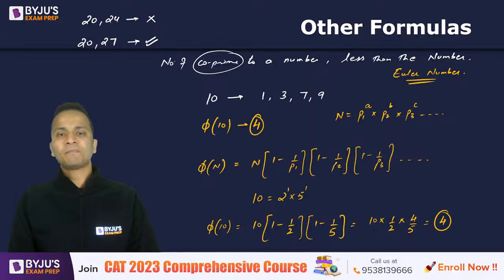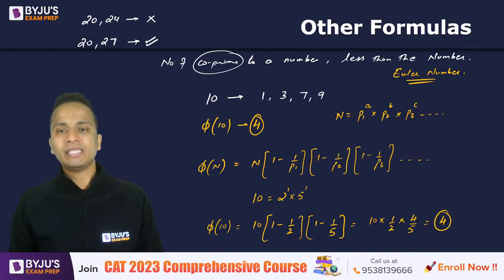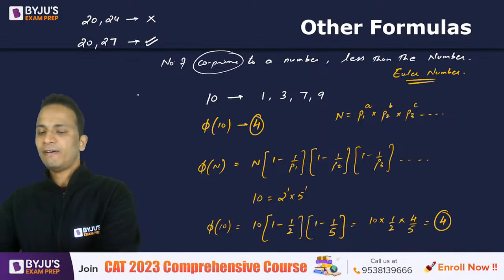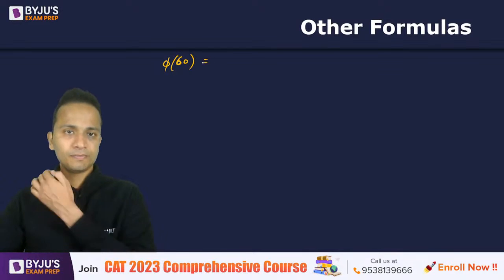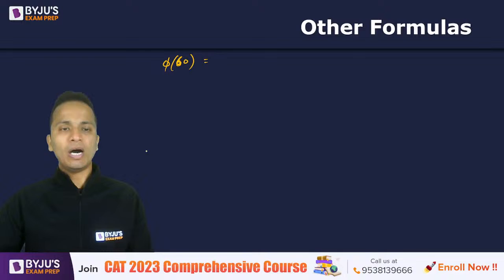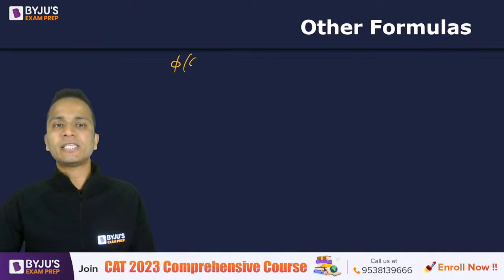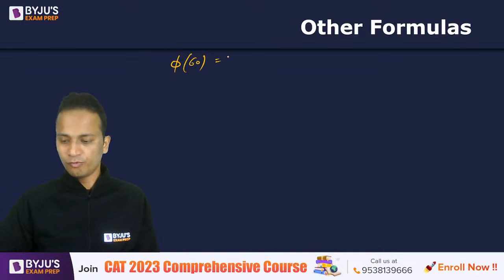All the students who are right now present in this lecture, can you calculate the value of phi of 60 quickly? Let's see how many of you are watching this lecture attentively. So phi of 60 is what I require from all of you.